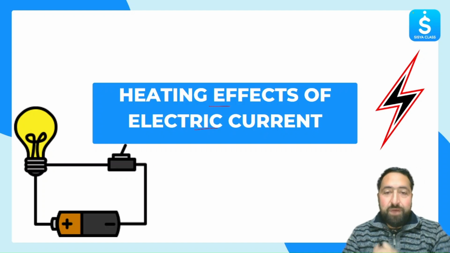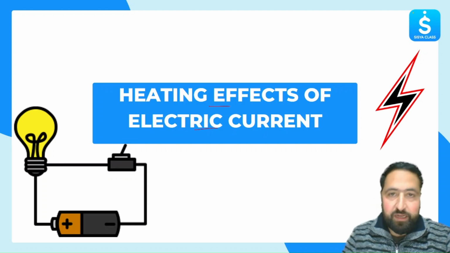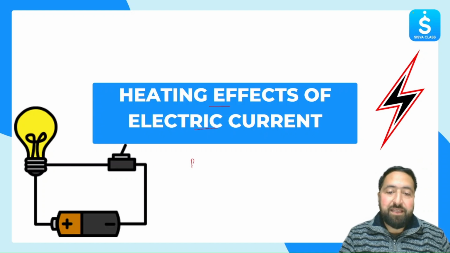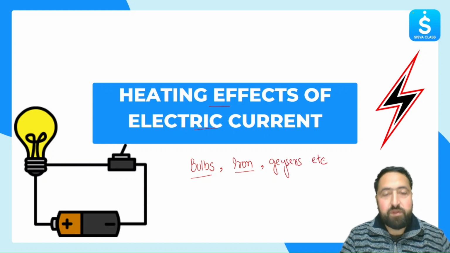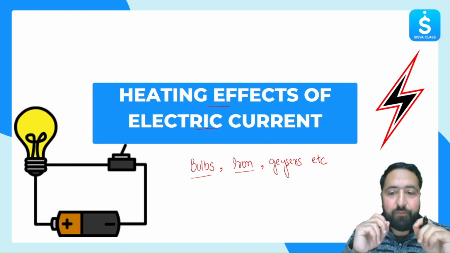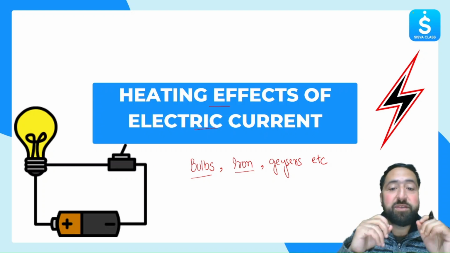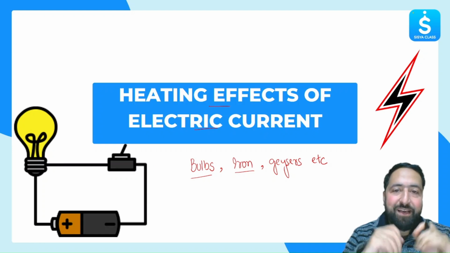You must have seen many things wherein we observe this, for example in bulbs, irons, geysers, and many other things. It is very simple: whenever electric current passes through a conductor, it produces heat. That is known as the heating effect of electric current.